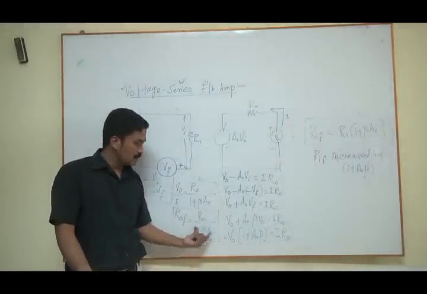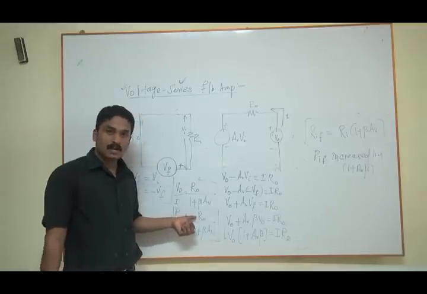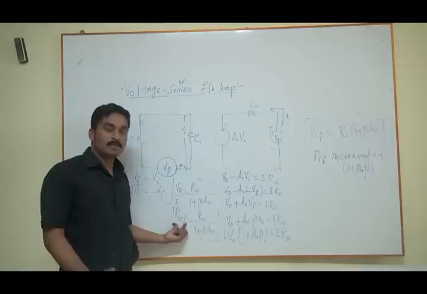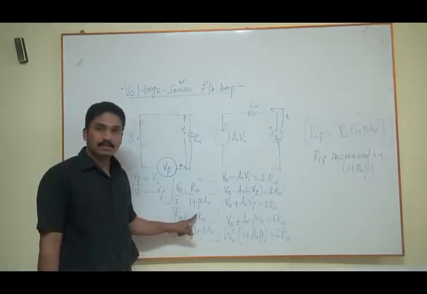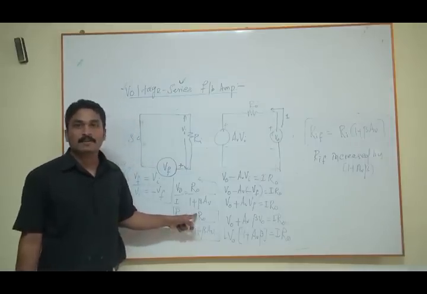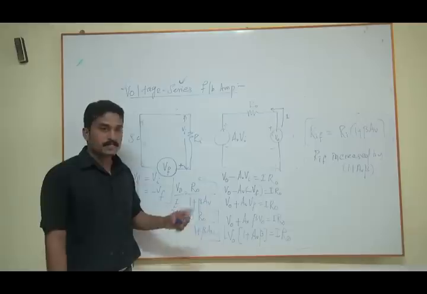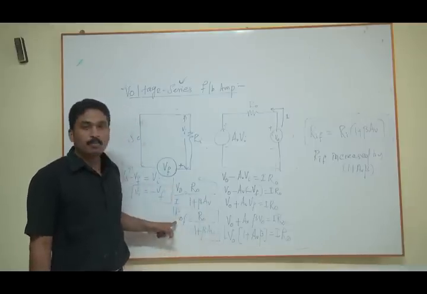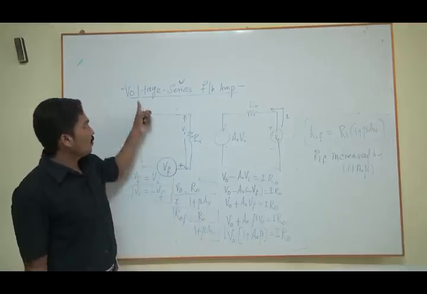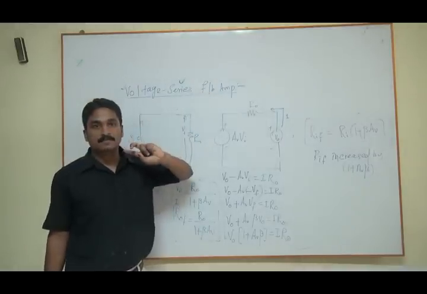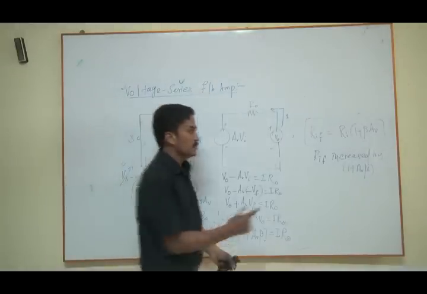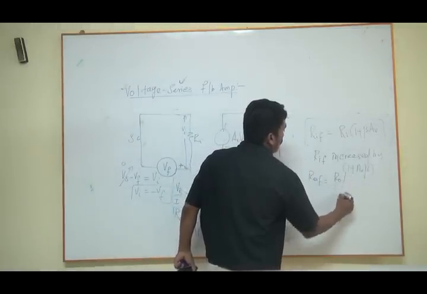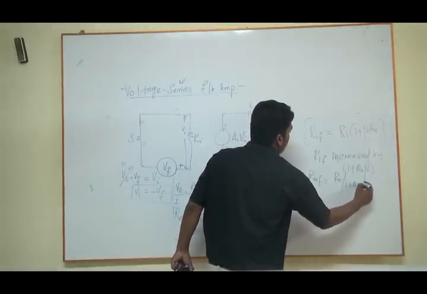So surely it reduces the actual resistance R naught, so that it brings you small output impedance when compared to the actual voltage amplifier circuit, which means the same factor 1 plus beta AV reduces your output side resistance in voltage series feedback amplifier. Clear? So R naught F is equal to R naught divided by 1 plus AV beta.